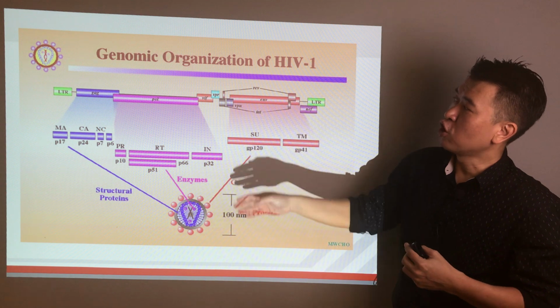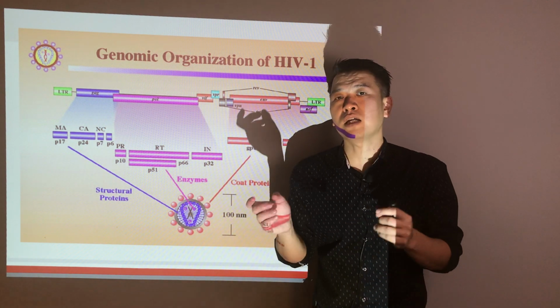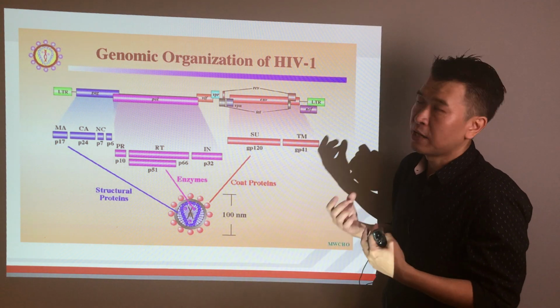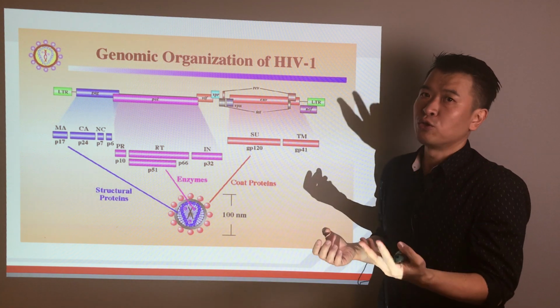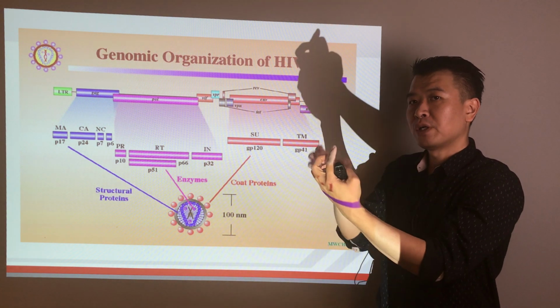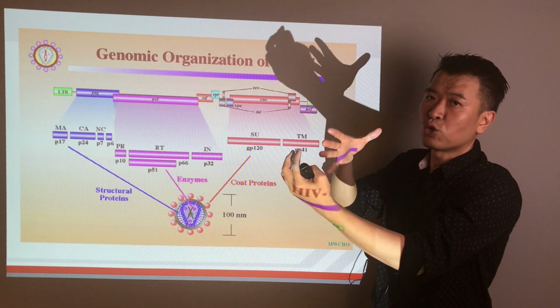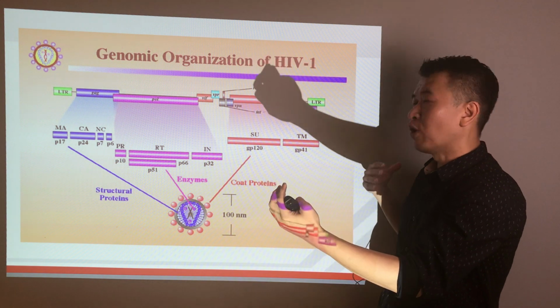So let's look at the genomic organization of HIV. So the HIV genome is actually mRNA. All right, it's actually mRNA. The mRNA, of course, as you know, will have a cap, you have the non-translated region, then you have the coding gene, then the non-translated region or 3' UTR, and then the poly-A tail.